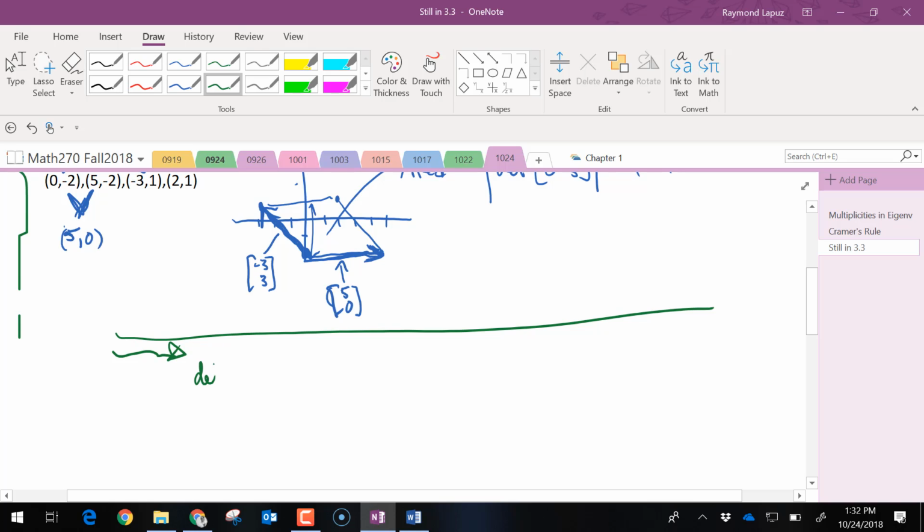So the determinant of this 3 by 3 matrix is called a triple product. It's a cross product and a dot product combined.